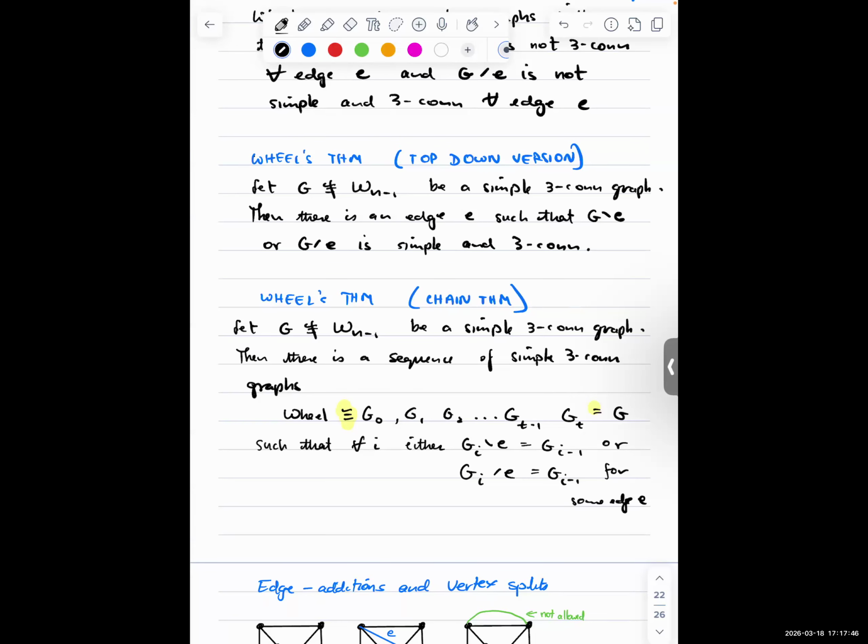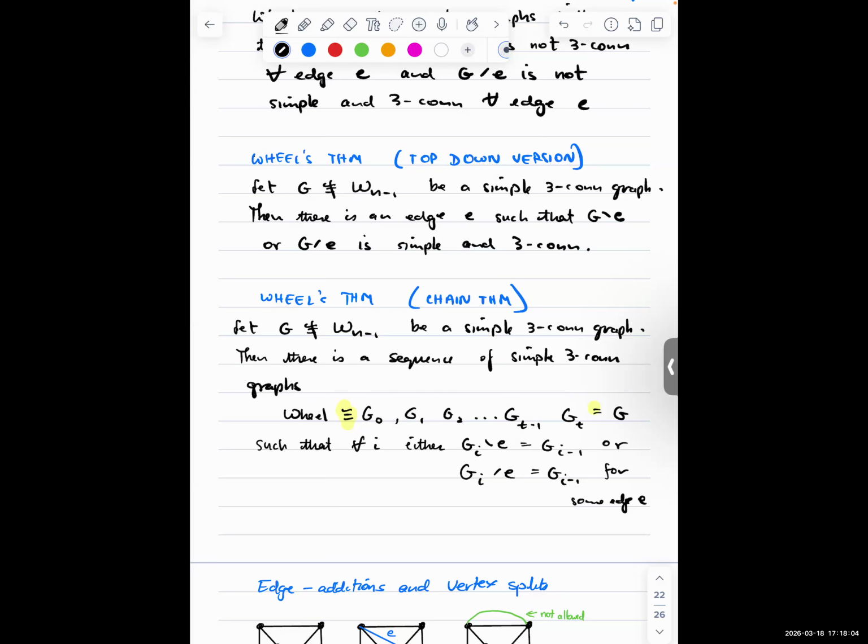So this is just another form of Wheels theorem. Every other graph is going to have an edge E such that G delete E or G contract E is simple and 3-connected.